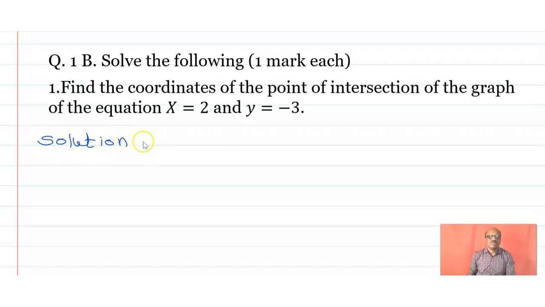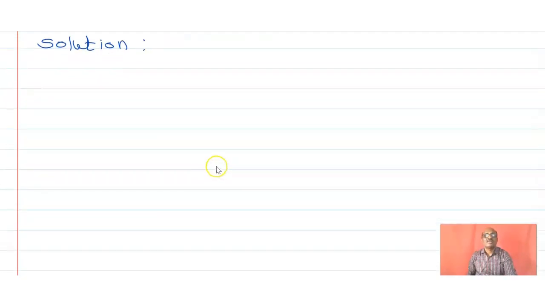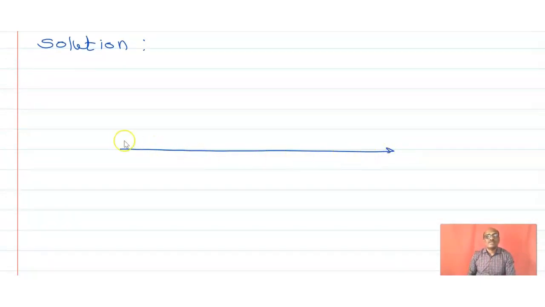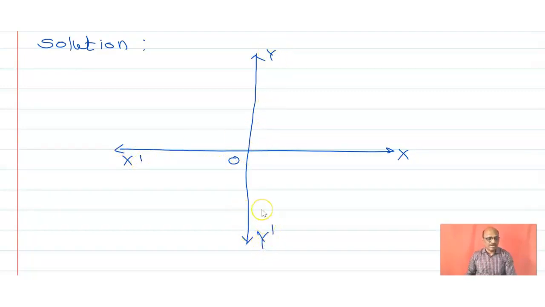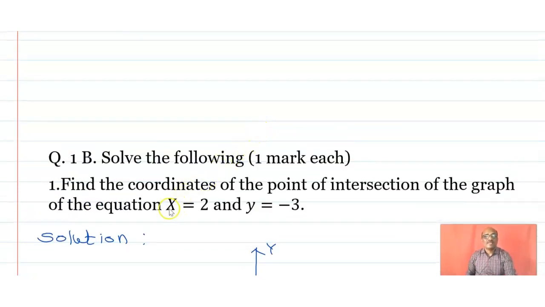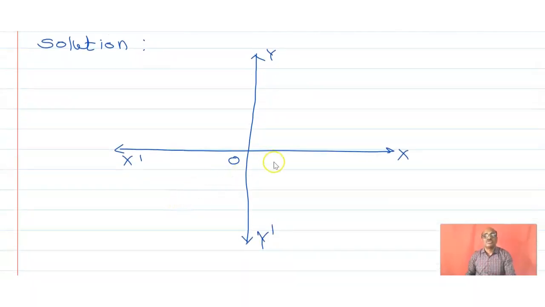If we treat the lines on the graph, this is the x-axis and this is the y-axis: x, O, x dash and y, O, y dash. x equals 2 and y equals -3.